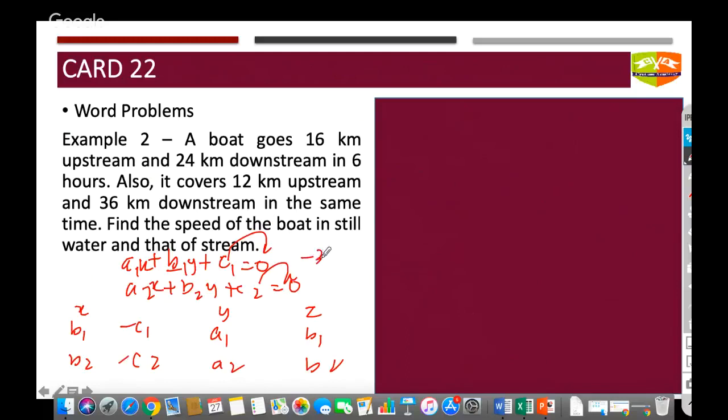So if I write 2x plus 3y minus 3 and 5x minus 2y is equal to minus 1, here as it is coming after the equal to sign, this c1 becomes minus minus 3, so this becomes plus 3, which is actually the case that this is 2x plus 3y plus 3 is equal to 0, and when it is on the left hand side of the equal to sign, this c1 c2 is positive.